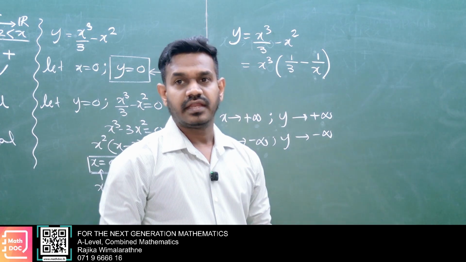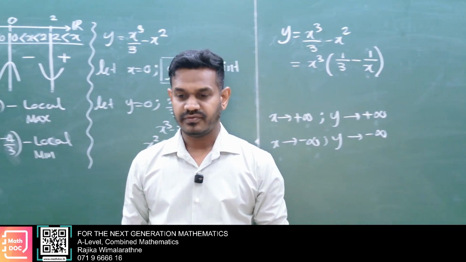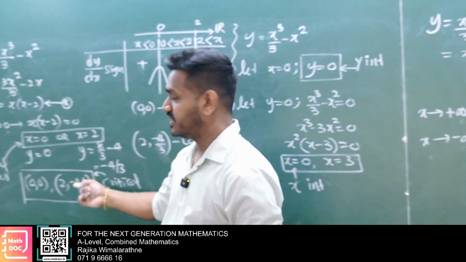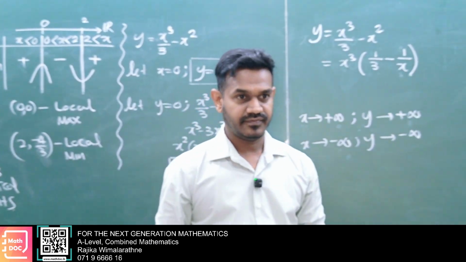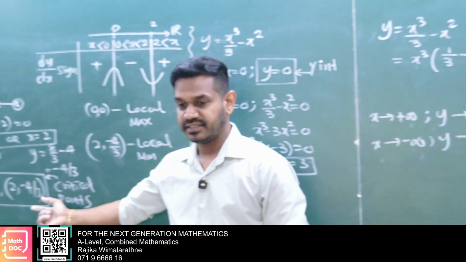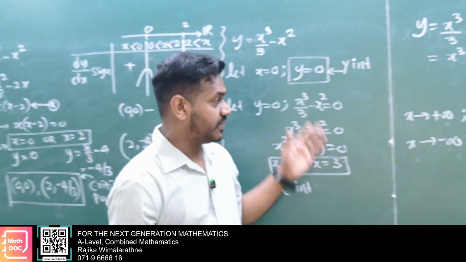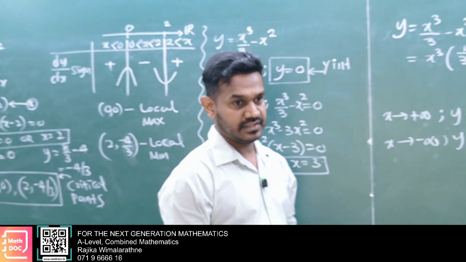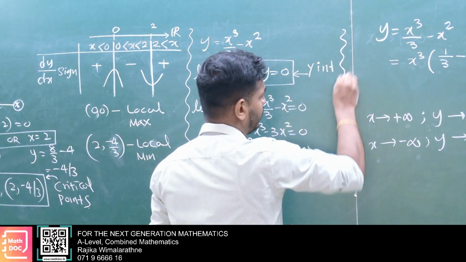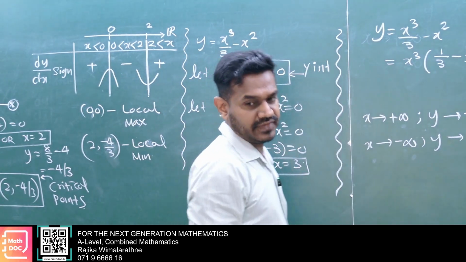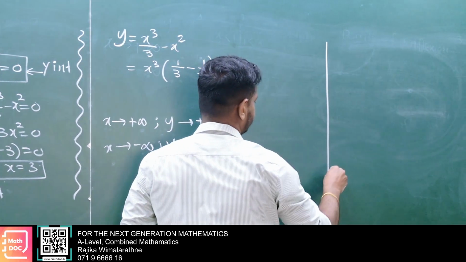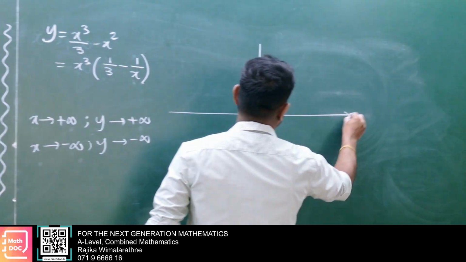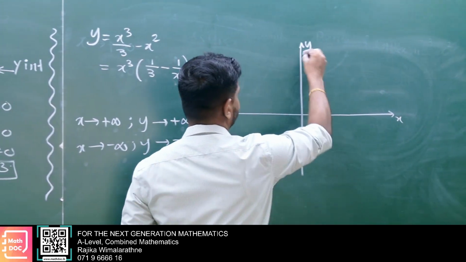Okay. Now to sketch the graph, we have critical points, intersection points, and terminal tendencies. We have all the relations now. Then we can sketch the function. So here, the x-axis and y-axis.